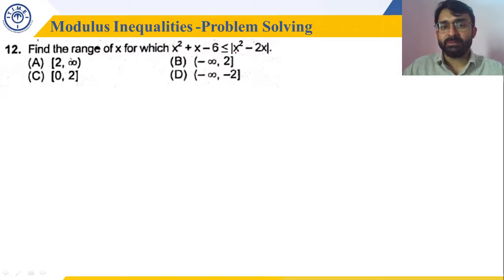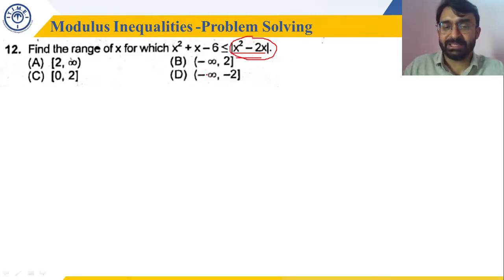Now the mod term is x square minus 2x. This is the term which is having mod. So we have to understand when this will be positive. If I factorize, this expression will be x into x minus 2. And this is greater than 0 only when the value is outside the interval.